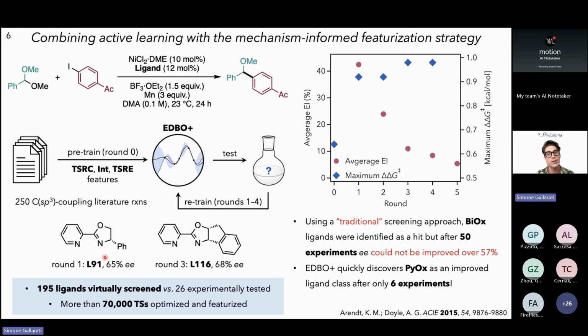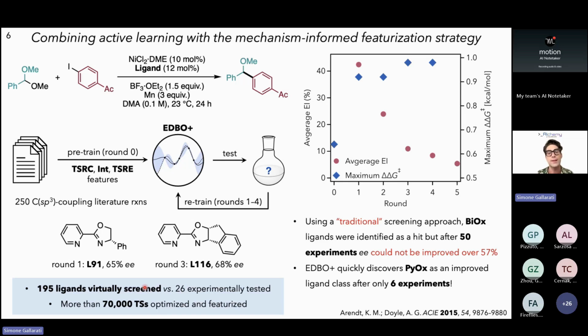Of course, this was possible thanks to the efficiency of our featurization strategy, where we were able to generate this virtual space and then extract features from all ligand and substrate combinations.